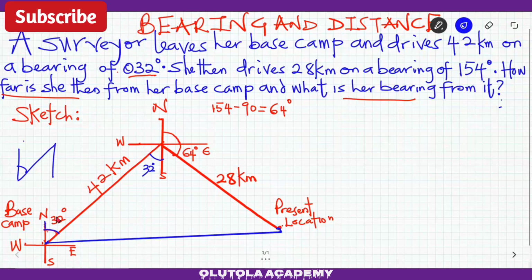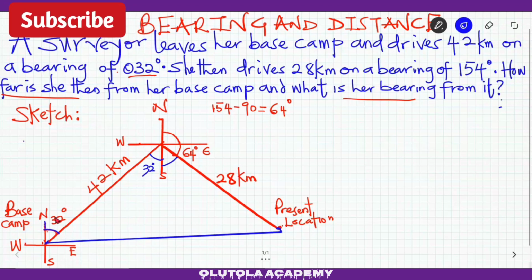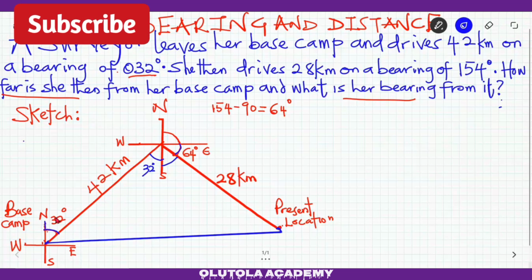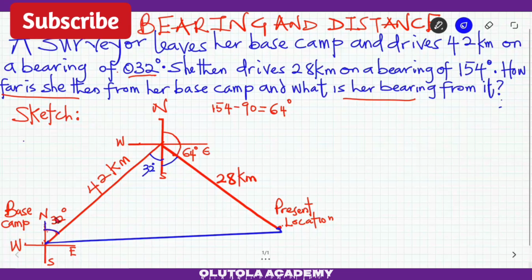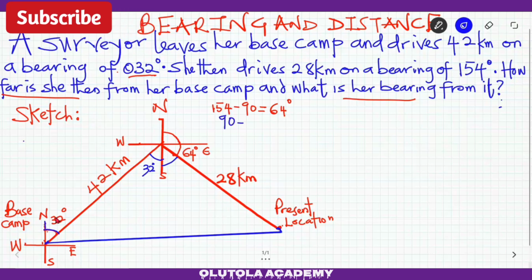Also I can get this angle: if here is 64, here is 64, that means the remaining, when I subtract 64 from 90, I will have that to be, sorry, 26.